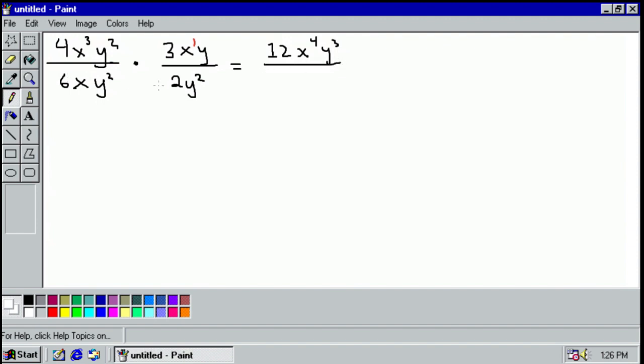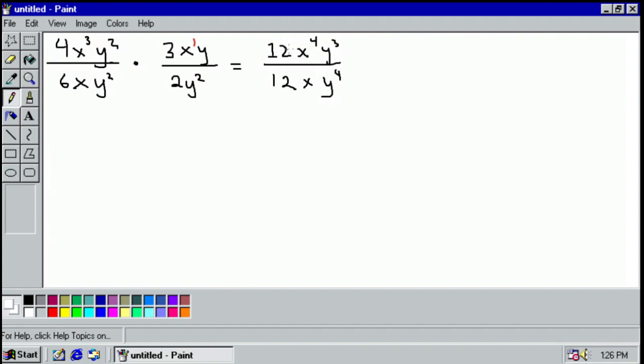Now here we have 6 times 2, since we're dealing with multiplication, which is 12. Then x, and we don't have an x here, so let's just keep it as that. Y squared times y squared, 2 plus 2 is 4.